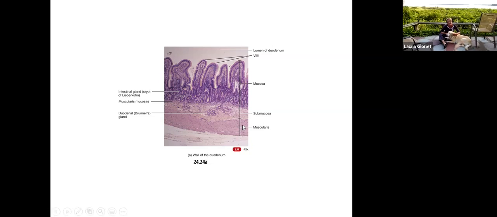The layer that's closest to the submucosa is the circular muscle layer. And then the outer region, about a quarter of it, would be the longitudinal muscle layer. And then you have the serosa, the outer connective tissue layer.